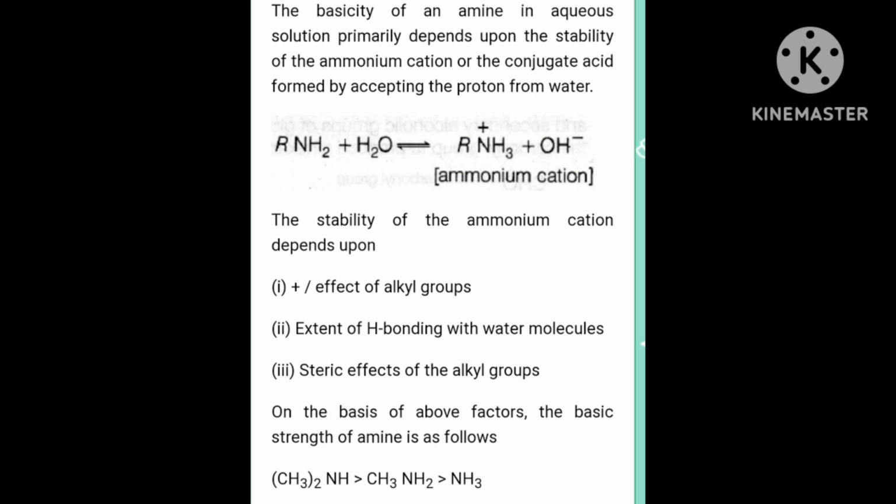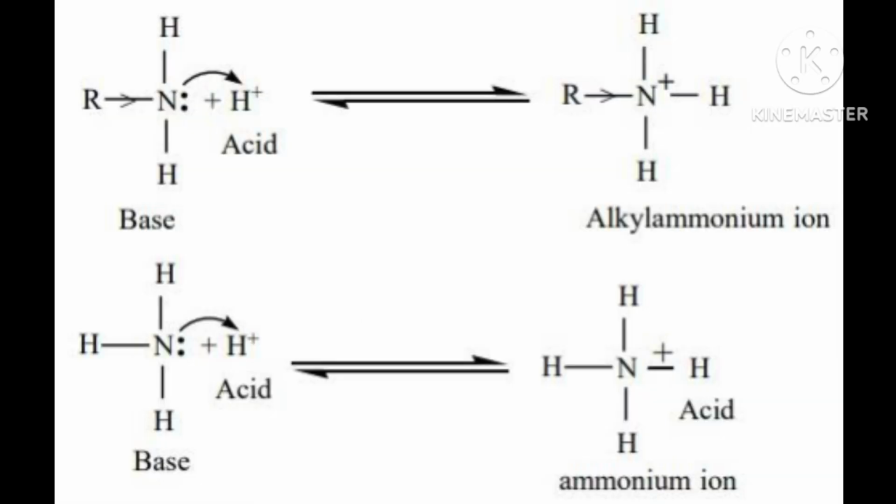Then when H2O is in excess, H2O is feebly ionized, means it will be ionized very, very less. Suppose you have taken 100 moles, then 1 or 2 moles only will dissociate. Majority of H2O will not be dissociated.